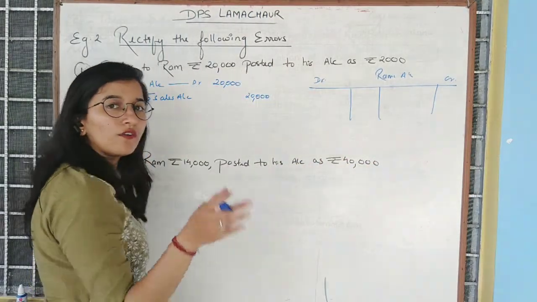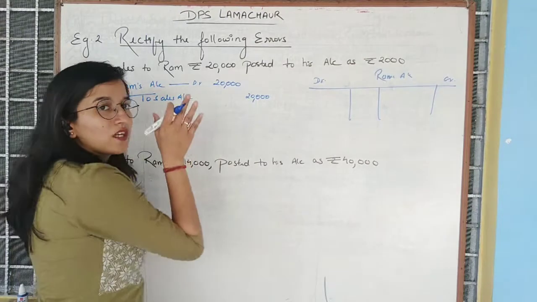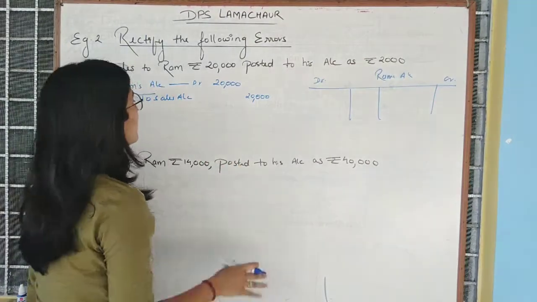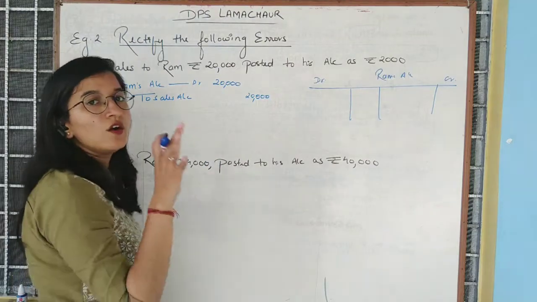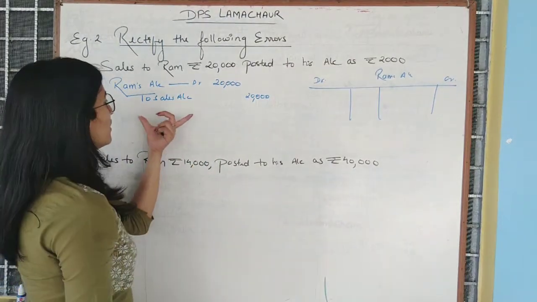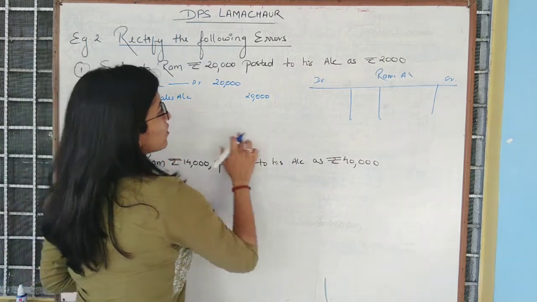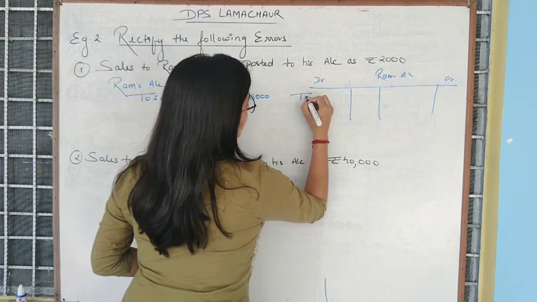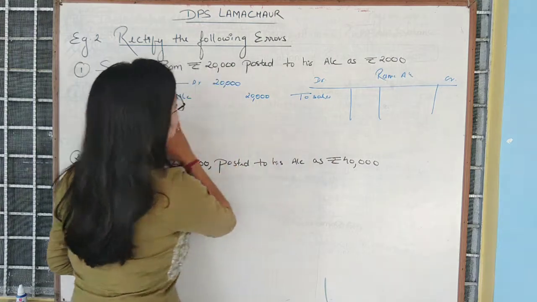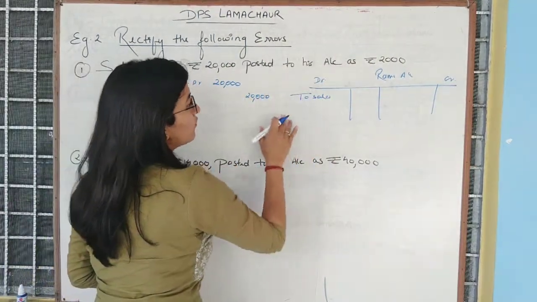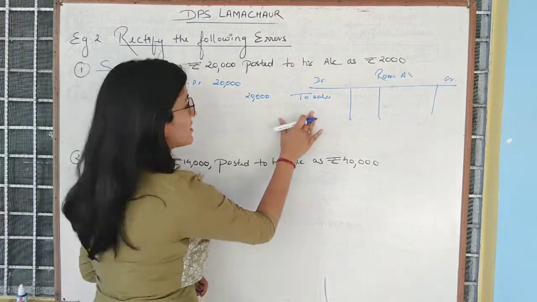As we have already learned, when we post the entry from journal to ledger, we record the entries on opposite direction. So here in this transaction also, sales is credited, but while posting this amount on Ram's account, we will write it on debit side.